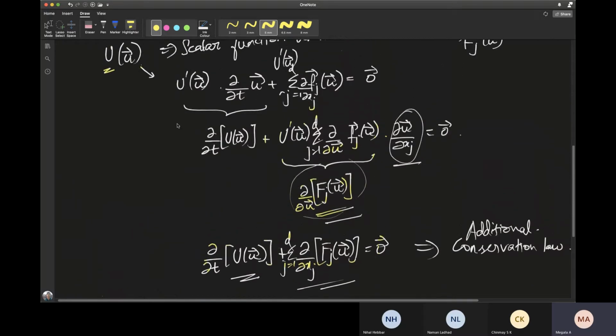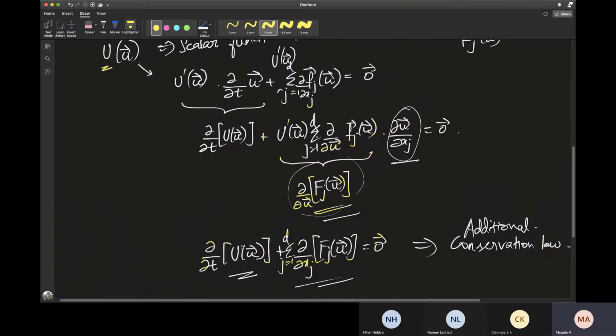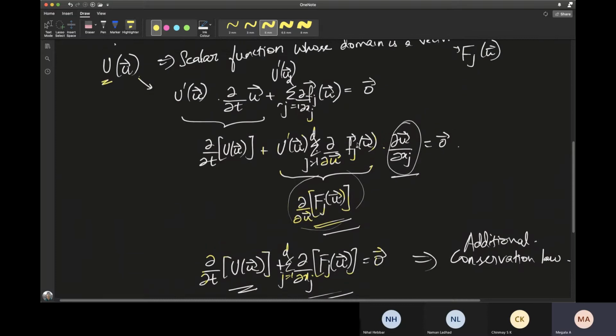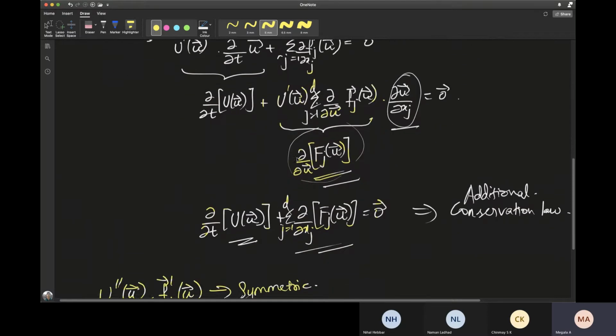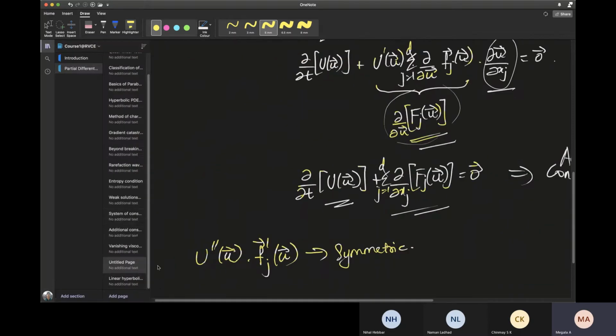Also, before this, we stated that for existence of entropy condition, this has to be true. So these two conditions are equivalent. Okay. So this is what an entropy function for a system of conservation laws is.